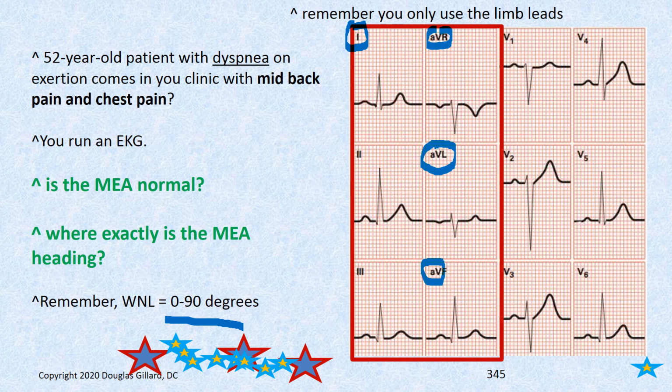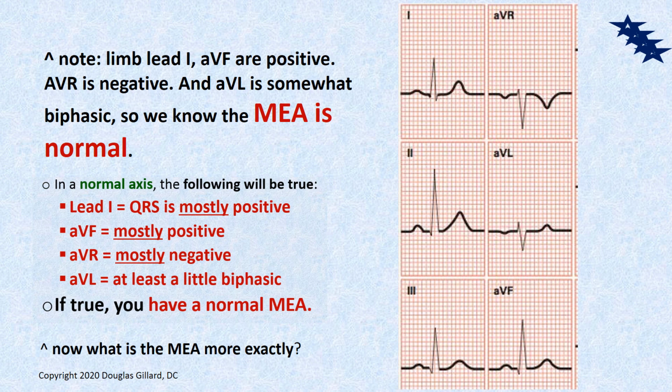Yeah. In fact, it's more biphasic than any other lead that we have here. This has got a little blip here above, but limb lead 1 is almost a completely uniphasic wave. All right, but AVL is biphasic. So is the mean electrical axis normal? You bet. What is the mean electrical axis?